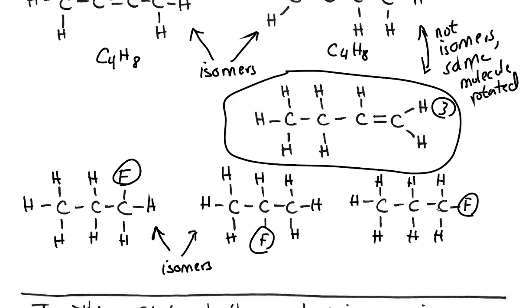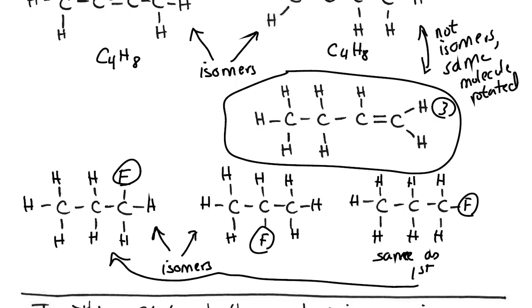So if this carbon has three things on it 109.5 degrees apart, then this third one is the same as the first one. Whether you put the F up here or down here doesn't matter. They're all equal bonds. They're all equal angles. Okay? So this is the same as the first. So it's not an isomer of the first, although it would be an isomer of the second.